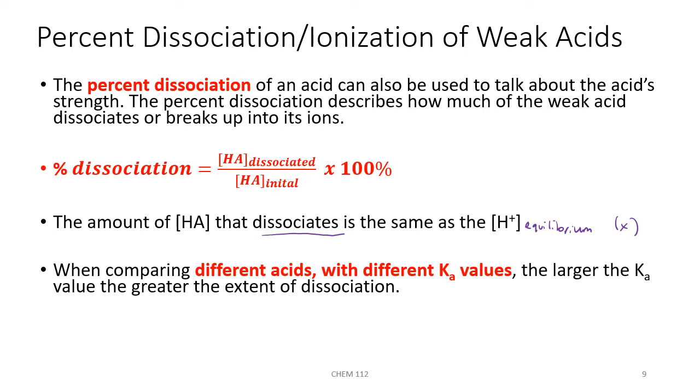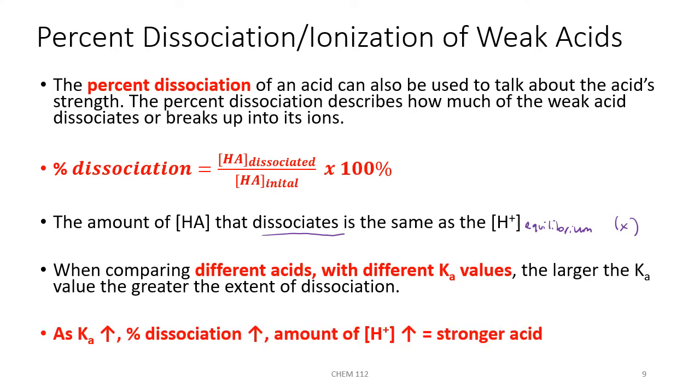When we compare different acids with different Ka values, the larger the value of Ka, the stronger the acid, and that means it'll have a greater extent of dissociation. So as Ka goes up, percent dissociation goes up, the amount of hydrogen ion at equilibrium goes up, and we have a stronger acid. Remember that strong acids are 100% dissociated, and so we don't usually talk about a percent dissociation for strong acids because we know that they're broken up 100%.